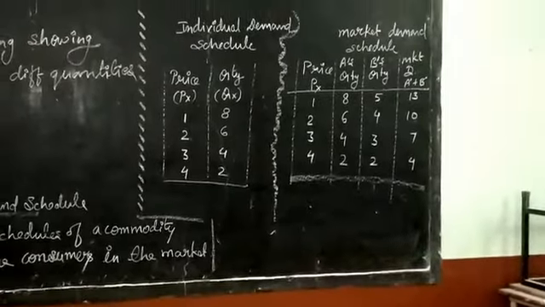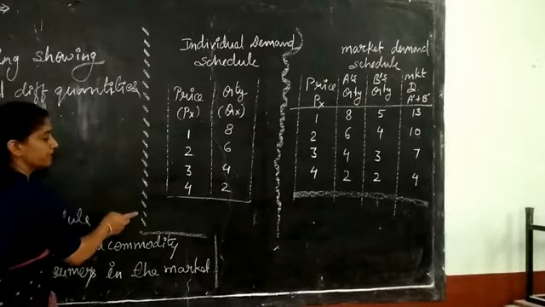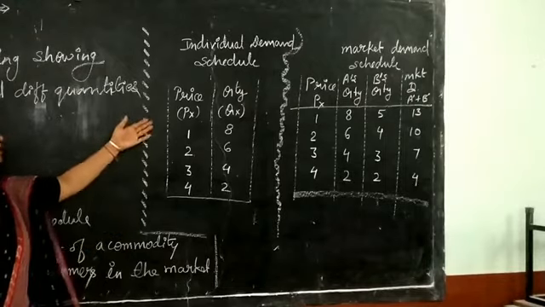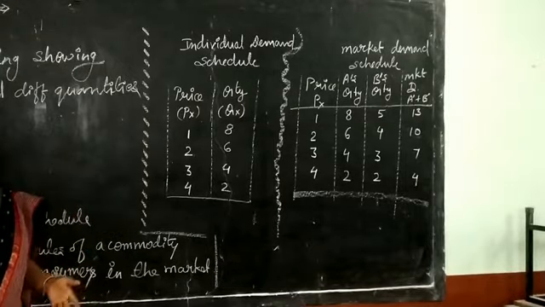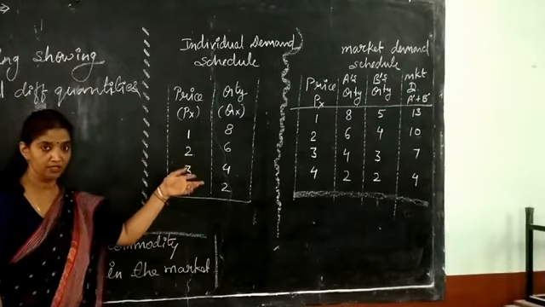Next, a tabular presentation or example of the demand schedule. The first one is the individual demand schedule, and here I have shown different possible prices. The price of a commodity depends on different kinds of factors, so we are not assuming the price as constant.